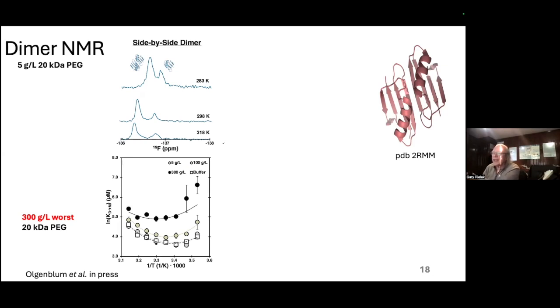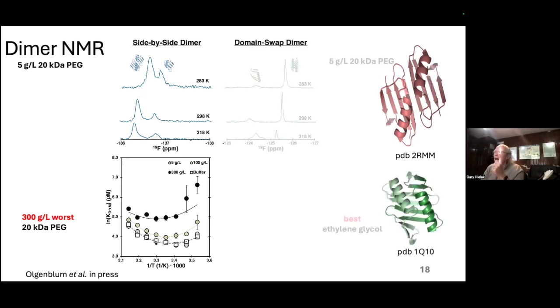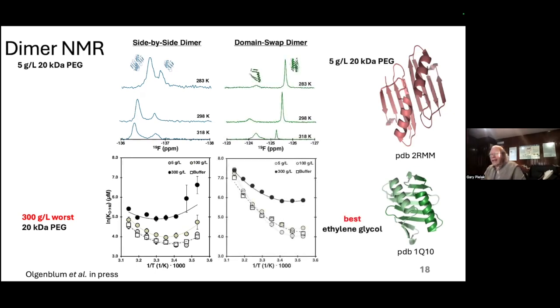And we see this in buffer and in PEGs at different concentrations. We also notice that they're not straight lines, which means there's a difference in heat capacity between the forms as well. The domain swap dimer, here we go. We see the same thing. We see 2 resonances. We can see them as a function of temperature. We can get the van 't Hoff plots. Beautiful data.